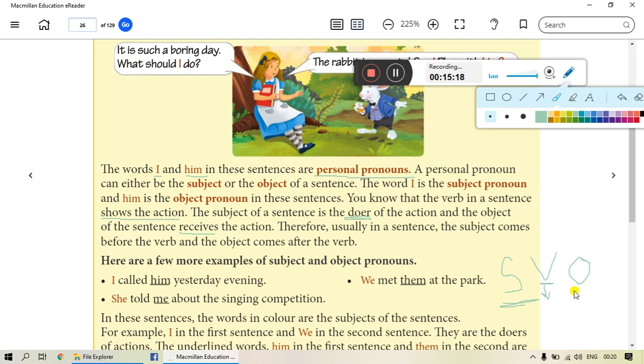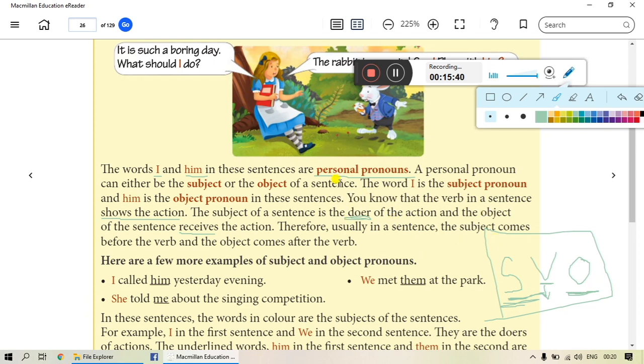And who is receiving the slap? It's Ram or Shyam, so it will be the object, who is receiving the action, and the doer of the action, who is doing the action of slapping, is you. Okay, I hope this clears this up.